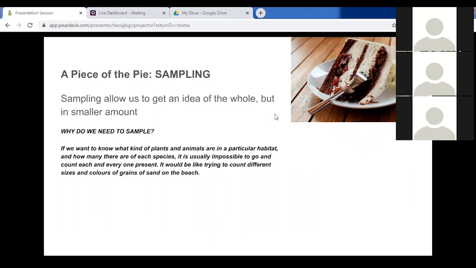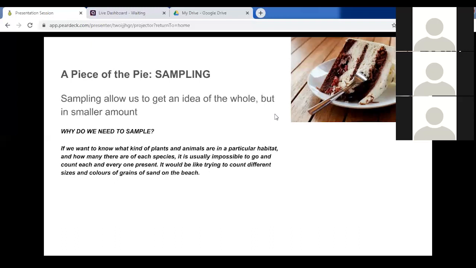If they want to know the number of animals in a forest, they cannot go through the entire forest and count them, but they make a sample, let's say a quadrat of 10 meters square. They count the organisms that they find there, and then they multiply it by the whole area.